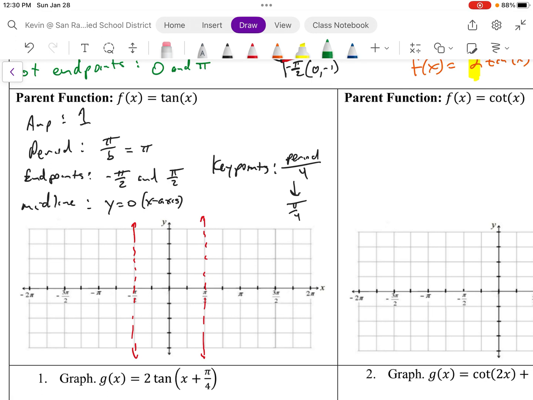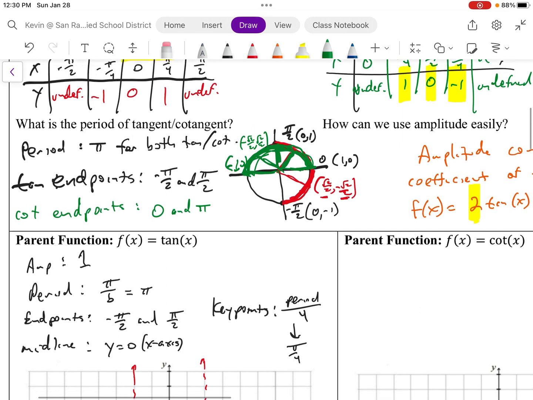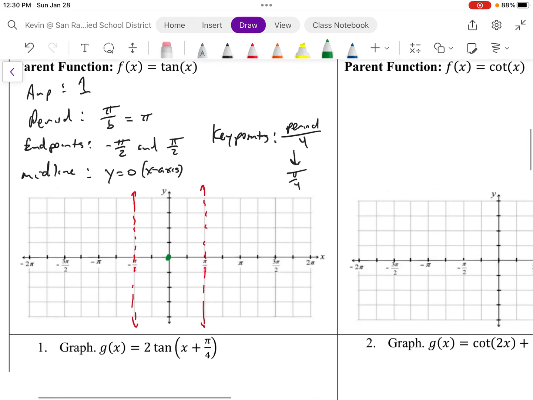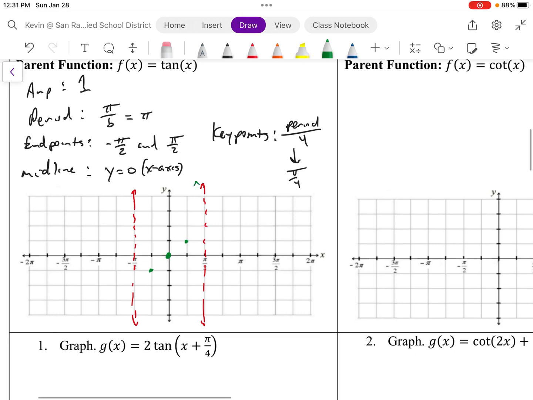At 0, it is 0. And then at negative pi over 4, we were at negative 1, and at pi over 4, we were at 1. So it looks like that. That would be one period.